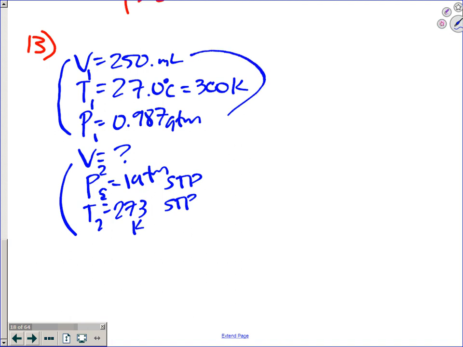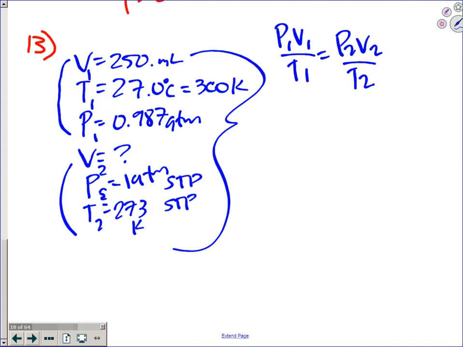And so as I take this information, what gas law comes to mind with all those variables? Combined gas law, so that's P1 V1 over T1 equals P2 V2 over T2. Which variable am I solving for? V2. So I'm going to get V2, this guy up here, all by itself.